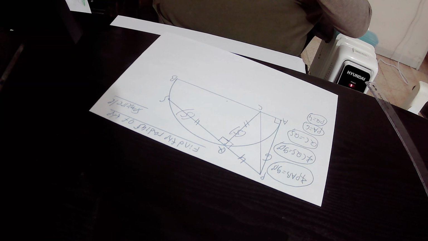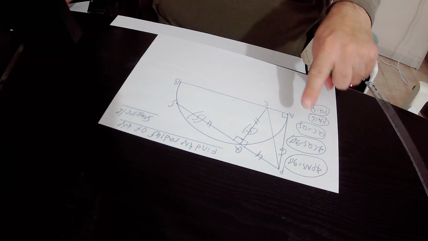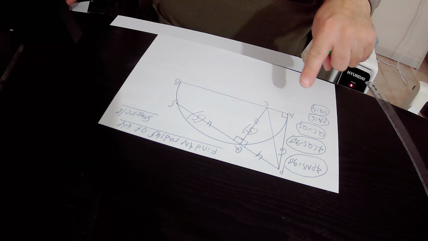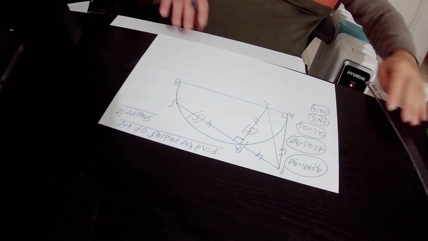In the next step, I will copy the right triangle PAC to a new page, and we will implement the Pythagoras theorem on this right triangle PAC.